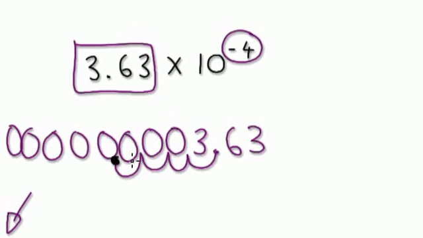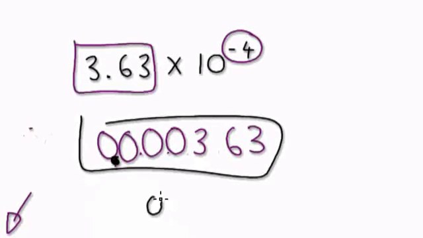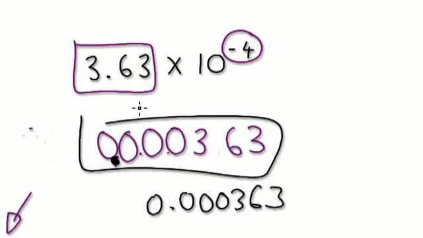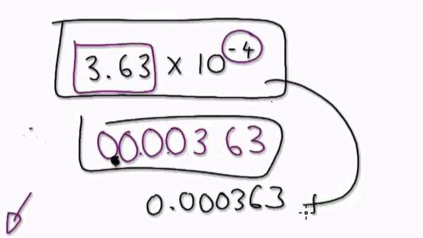So our answer would be right here. Let's erase this and get rid of these. So this would be our answer: 0.0000363. So we've just converted this into this.